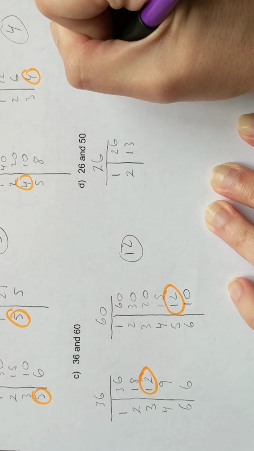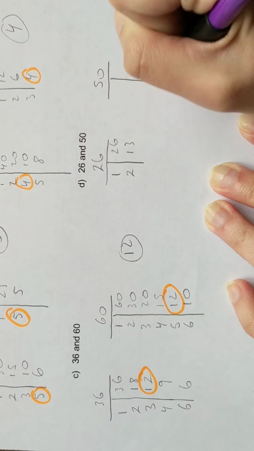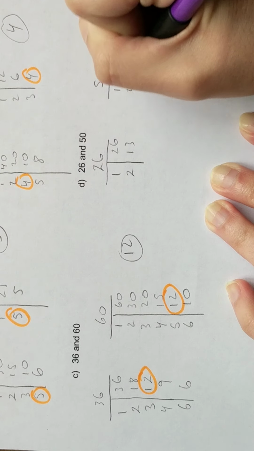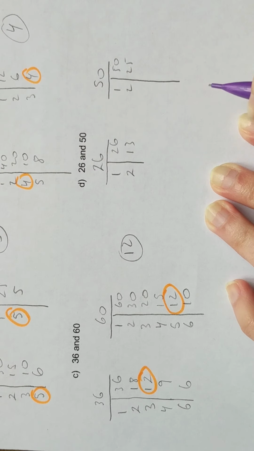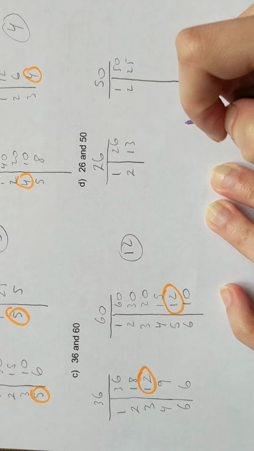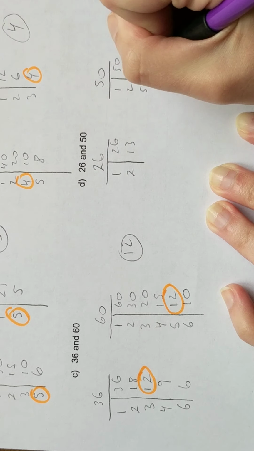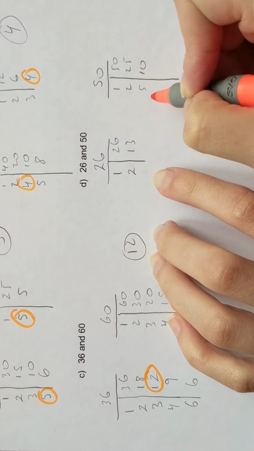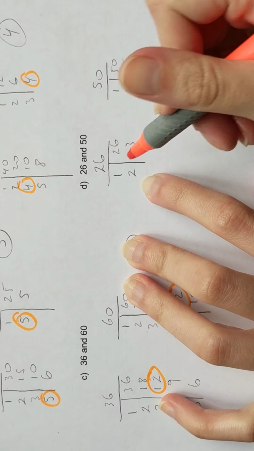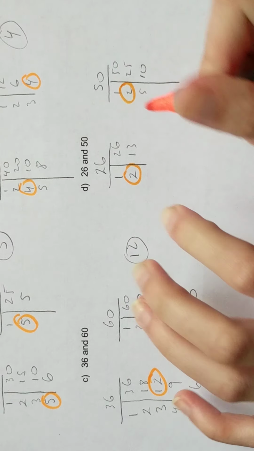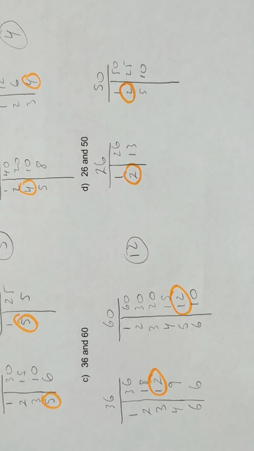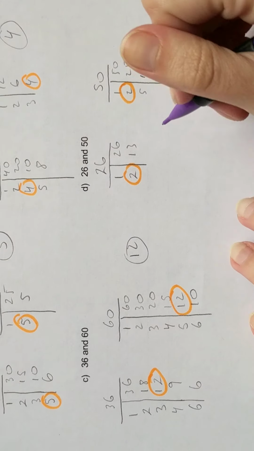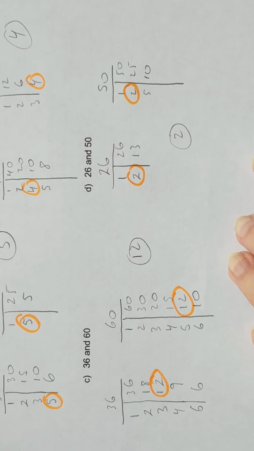I can do 50 as well. 1 and 50, 2 and 25. 3 does not go in, 4 does not go in, 5 and 10, 6, 7, and 8 also don't go in, and then we are done. I'm going to compare the two here, and there's not a big number. 2 is actually the only number that they have in common. That is the greatest common factor, is 2.